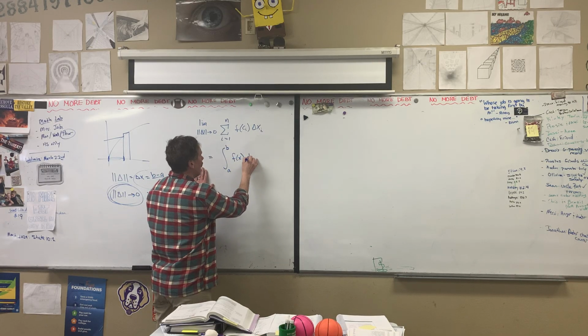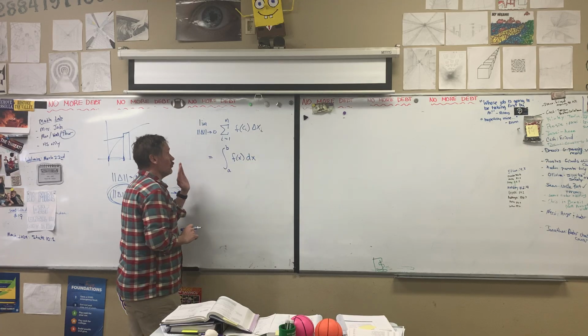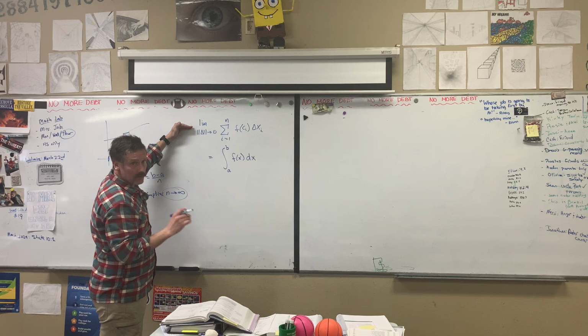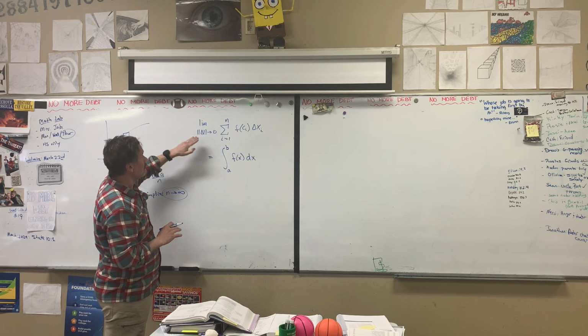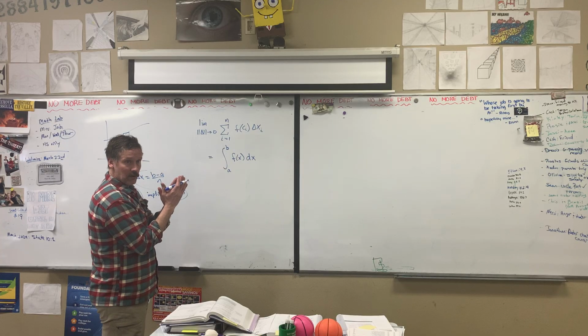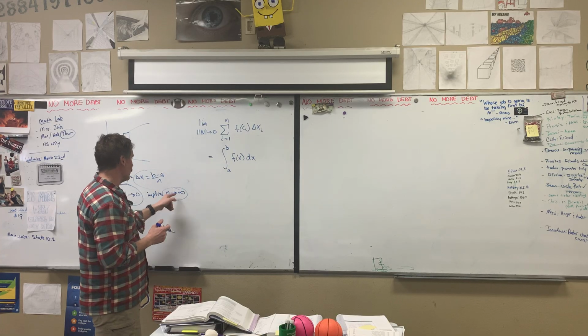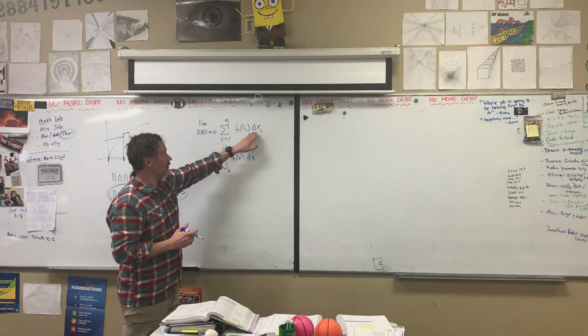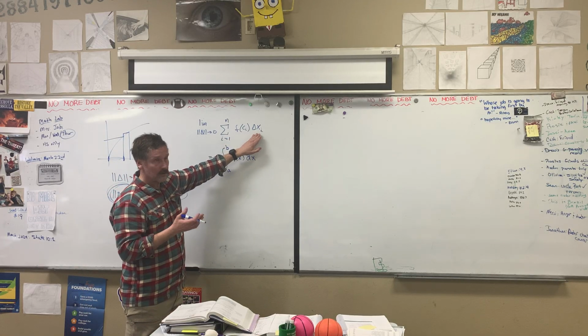Okay, so f of x dx. So this up top here is essentially what we were just doing. As this goes to 0, what it means is all the rectangles' widths are going to 0, which means n is going to infinity. Okay, this is the height, and this is the width of all those rectangles.